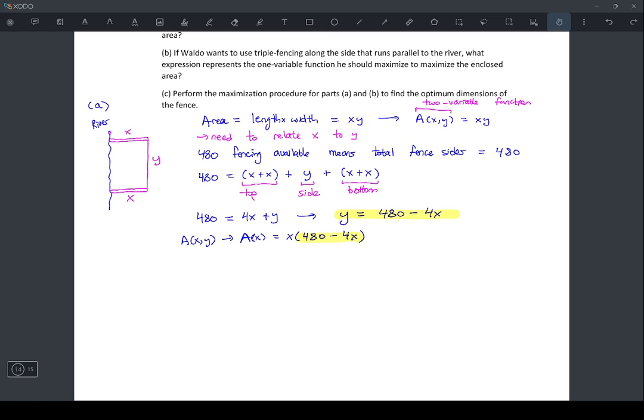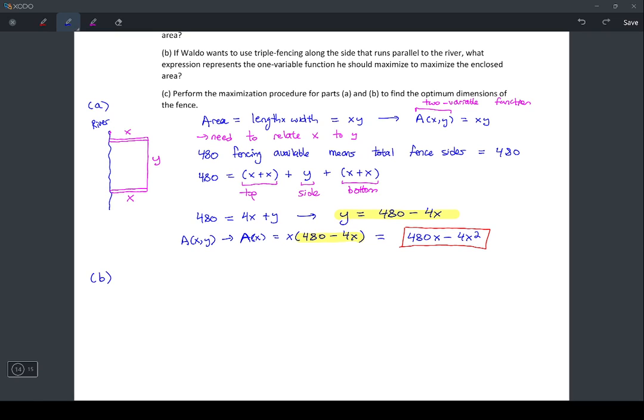That's the one variable function. I'm going to simplify it a little bit. I'll multiply the x to the bracket: 480x minus 4x squared. So if we find the maximum of that function, that will tell us the ideal dimensions to use to maximize our area enclosed.